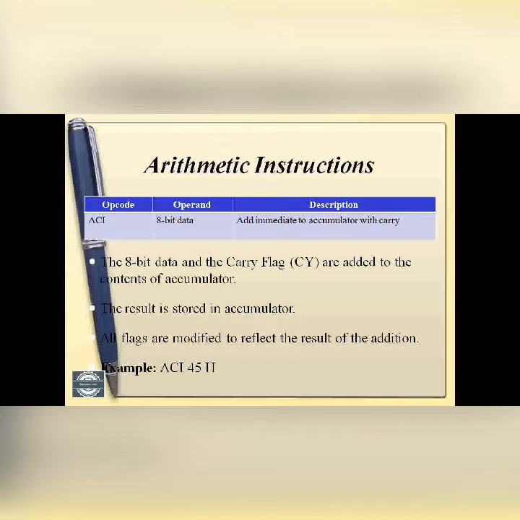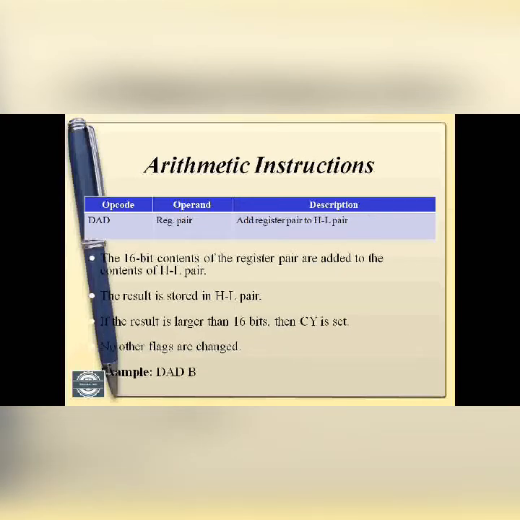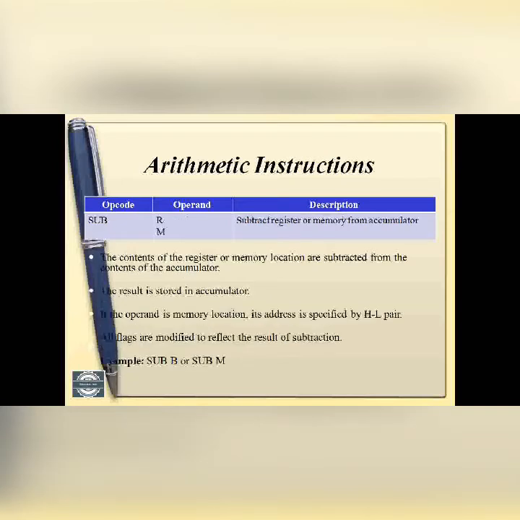What is that? If the 16-bit content of a register pair is added to the content of the HL pair, then it will be called the DAD opcode. Here the example is given, DAD B.